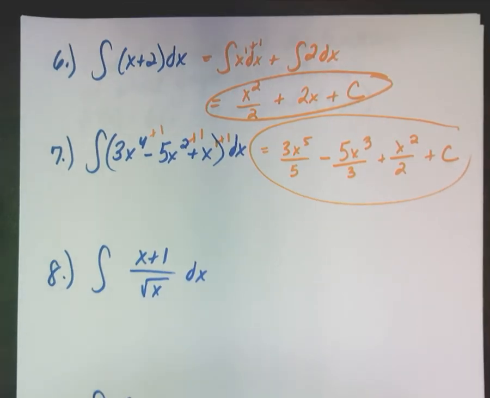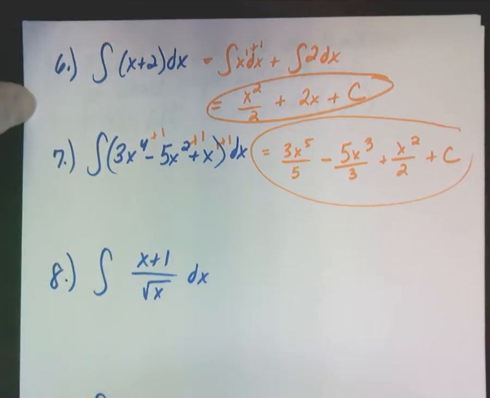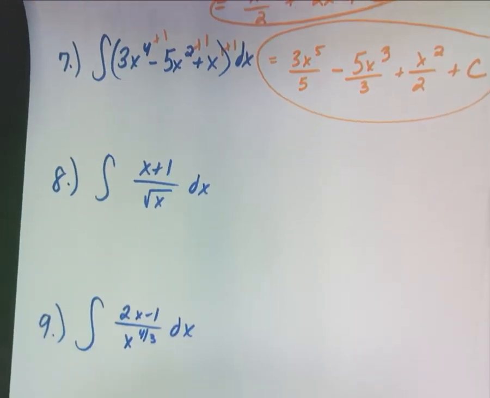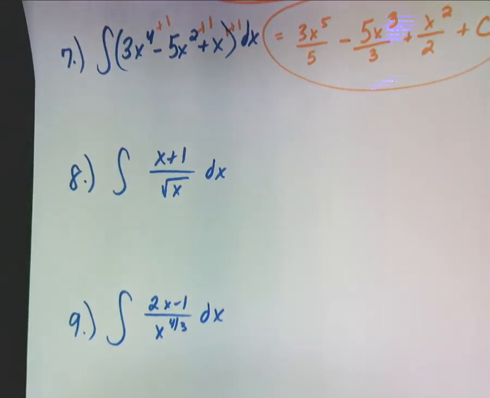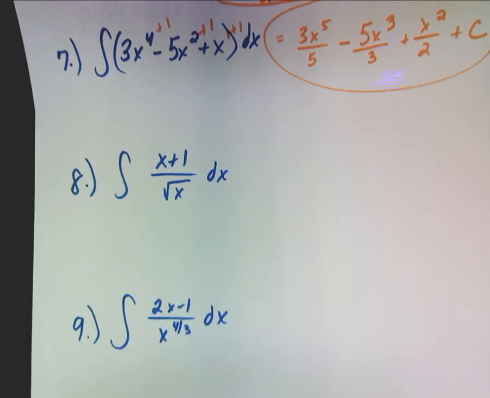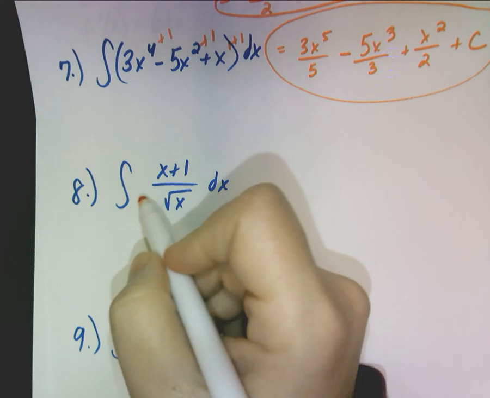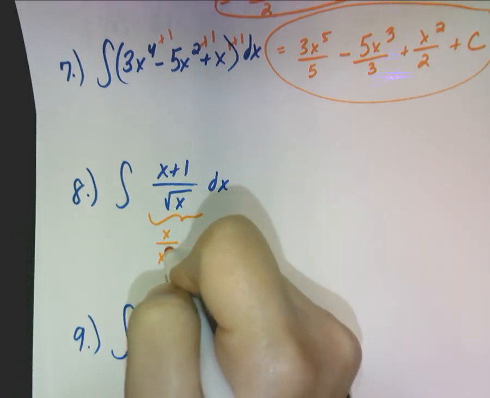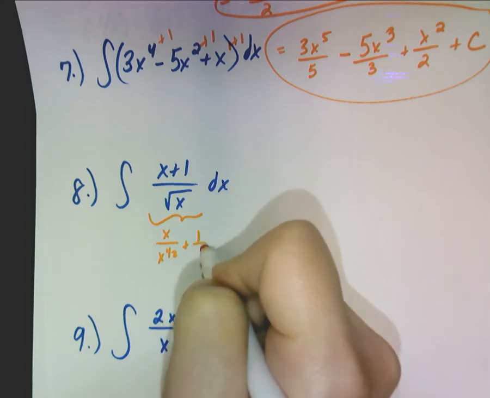All right, what if we get to this? You don't know if there's a quotient rule. You don't know if there's a product rule. So what do you do? Well, you make this, again, monomial looking. What do I mean by that? So you can separate this into x over x to the 1/2 plus 1 over x to the 1/2.